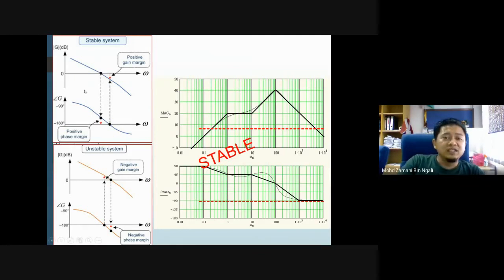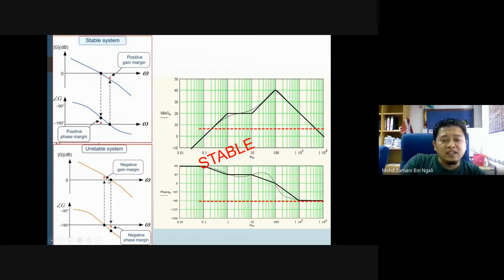Okay, this is the rule for the Bode plot, where if we have intersection with 0 decibel, we go downward and we find the phase margin. Okay, so this is positive phase margin.